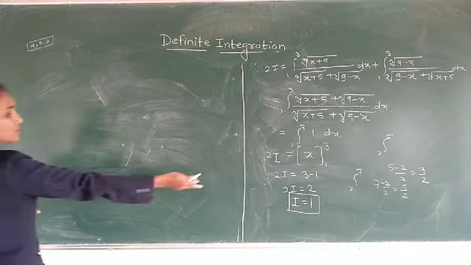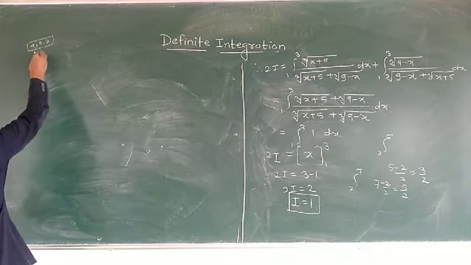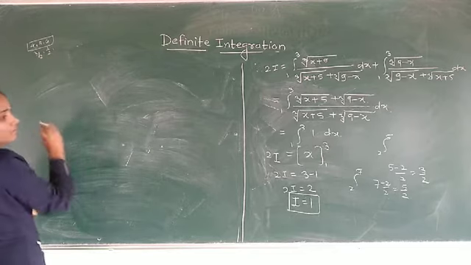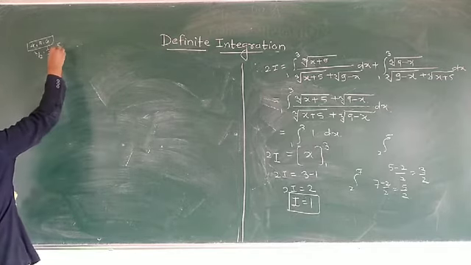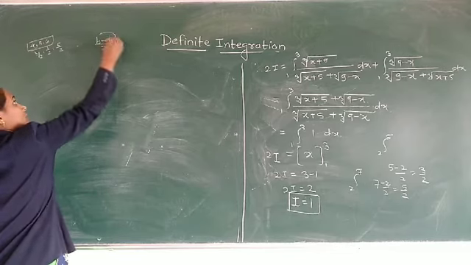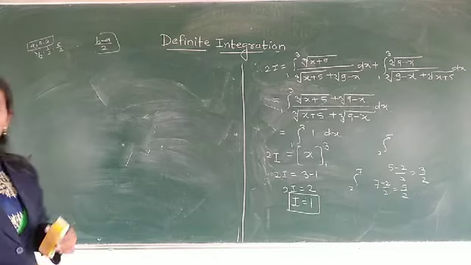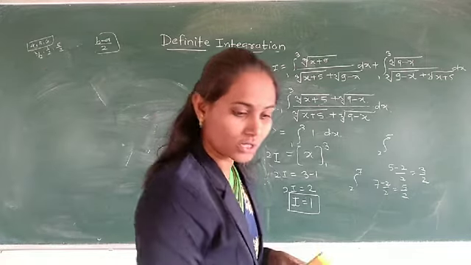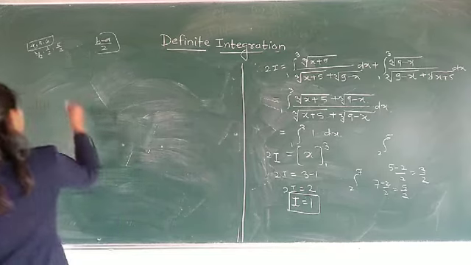I will give the answers: question 4 is 3 by 2, question 5 is half, and question number 6 is 5 upon 2. Remember, the trick for this type of question is b minus a upon 2, that is upper limit minus lower limit divided by 2.